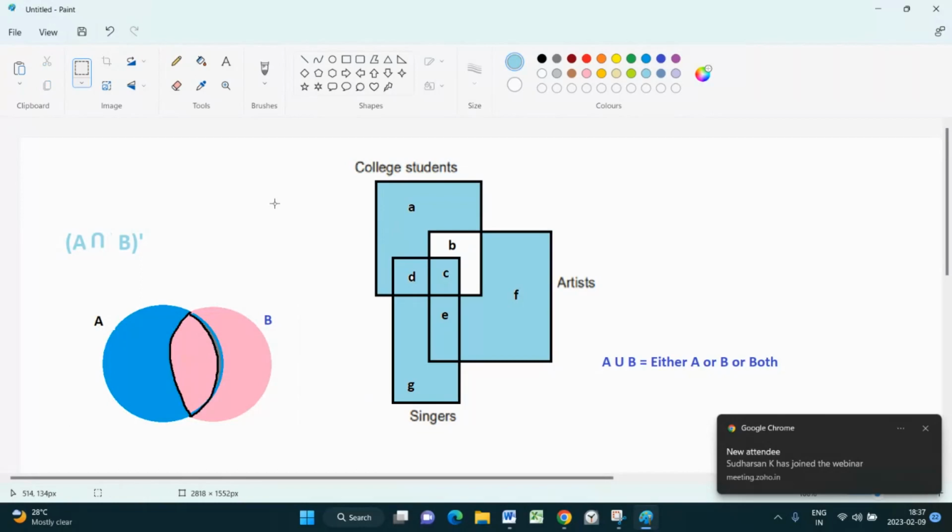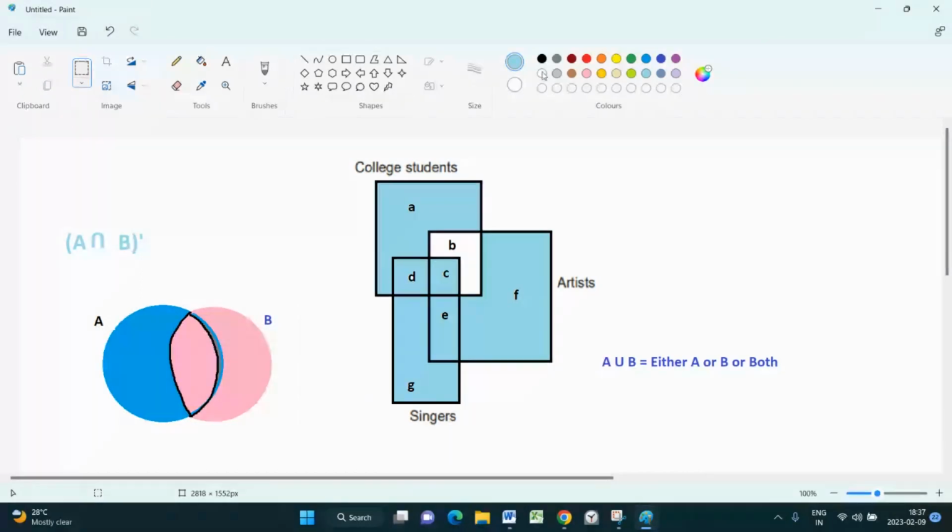What is A intersection B? Now I have to color all of them uniform. Now I have A, B and A intersection B. What is A intersection B?